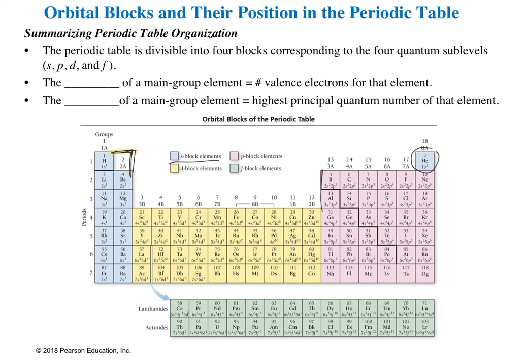Then this pink area is our p block elements. So the row number of our main group elements is going to be the highest principal quantum number, and then the column of our main group elements, whether it's 1A, 2A, 3A, 4A, or whatever, tells us how many valence electrons.